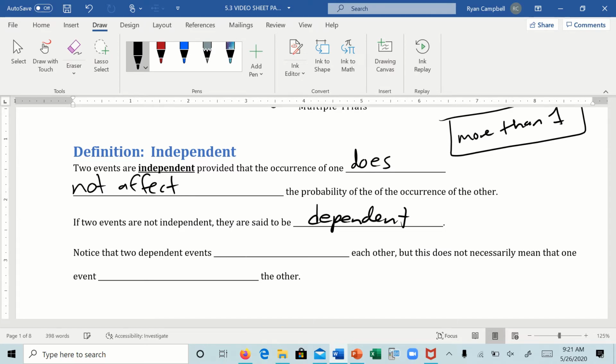And these go along right with what we would think. So a vernacular, another definition for independent: if you think about the government, if you're an independent, then you do not affect other people. You are a person on your own who does not necessarily affect other people.